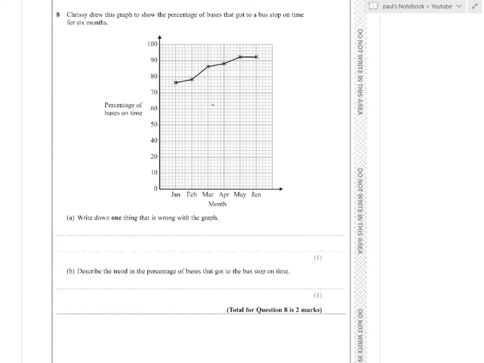Sissy drew the graph to show the percentage of buses that go to the bus stop on time. Right, one thing wrong with the graph. 10, 20, 30. Oh, where's 30?